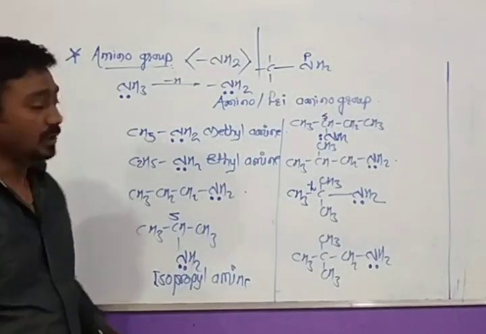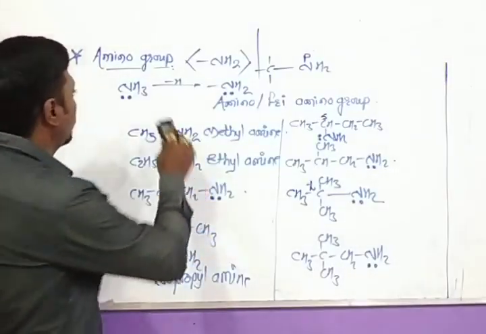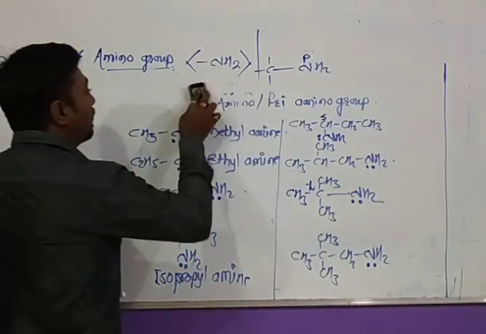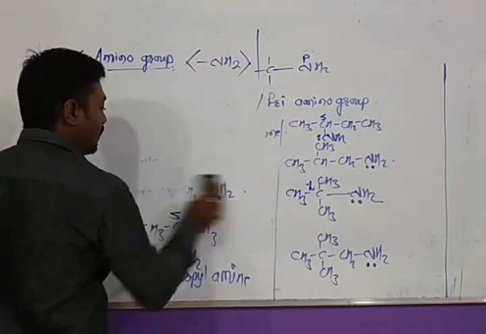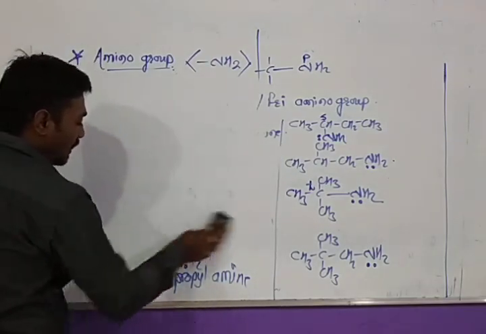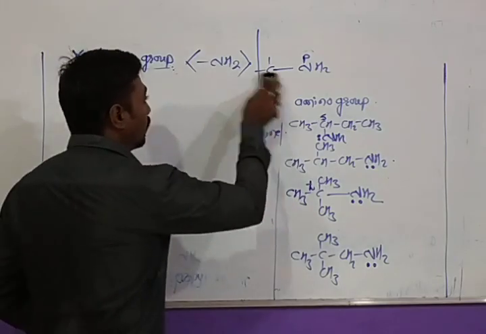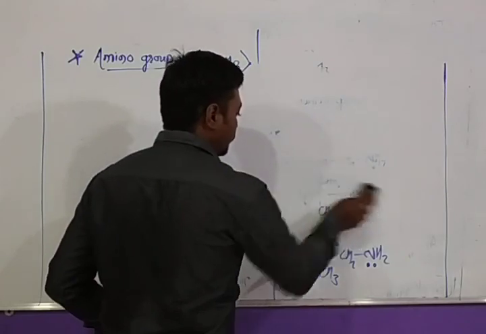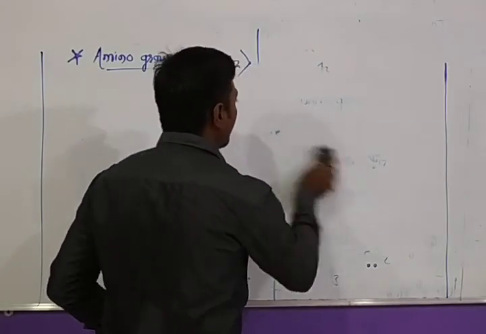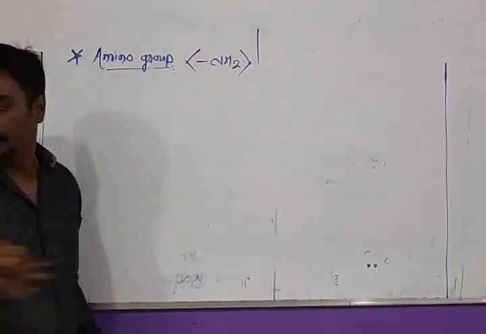Now, let us discuss the next group of the amine family, that is the secondary amino group or imino group. Look at how it is formed.